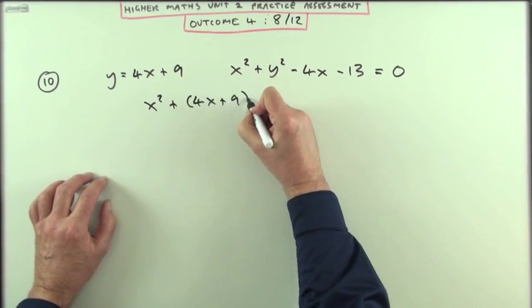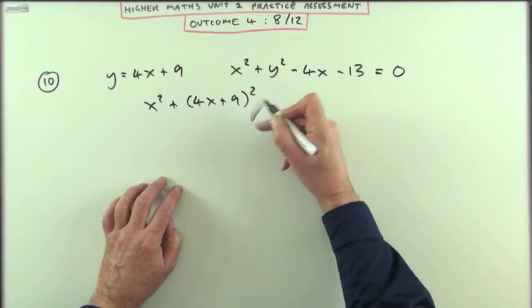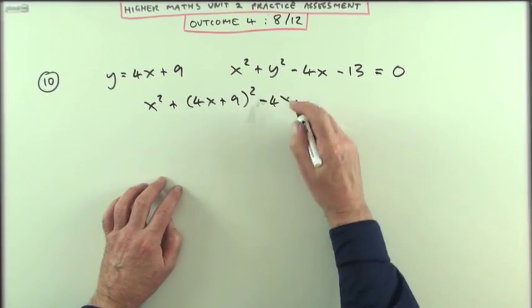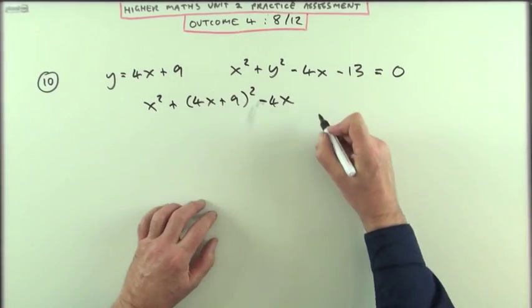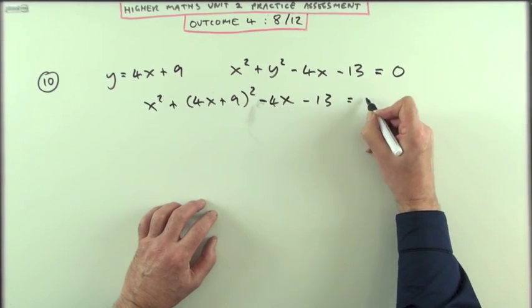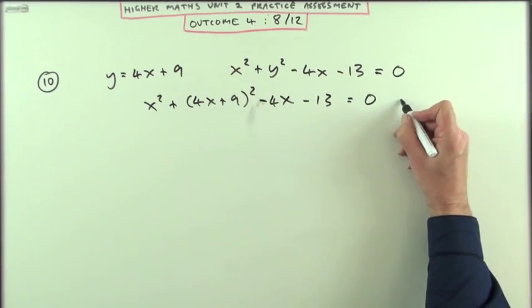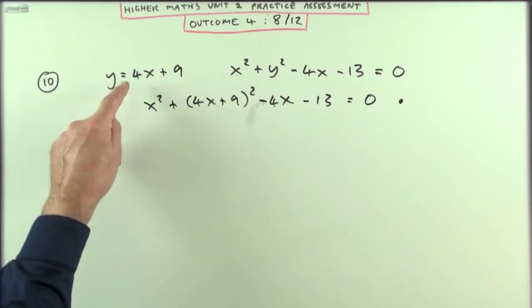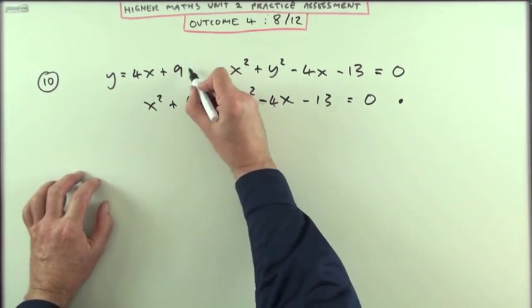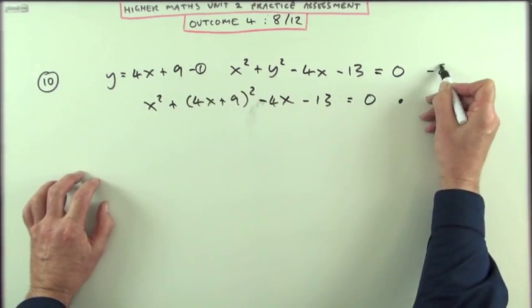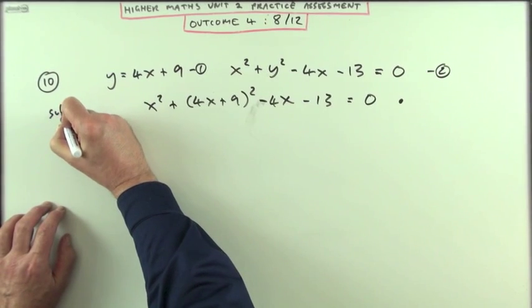So 4x plus 9 squared. Whoops, minus a 4x. No mention of y, it doesn't matter. Just makes it a little bit easier. Equals 0. There's your first mark for substituting that equation into that equation. You don't need to write this bit down, but I just prefer to do that. Just state what I've done.